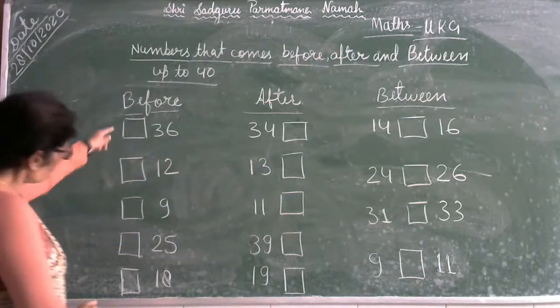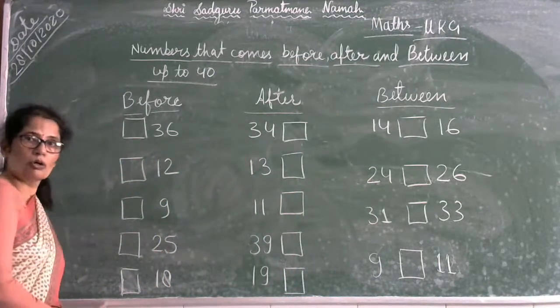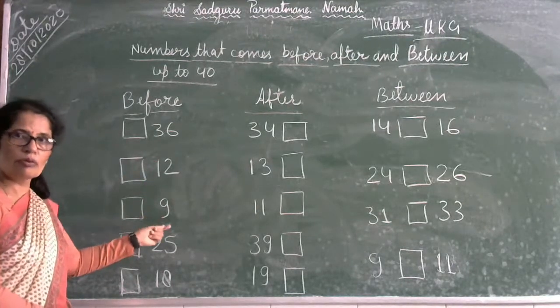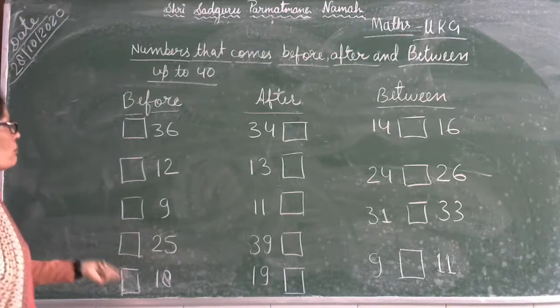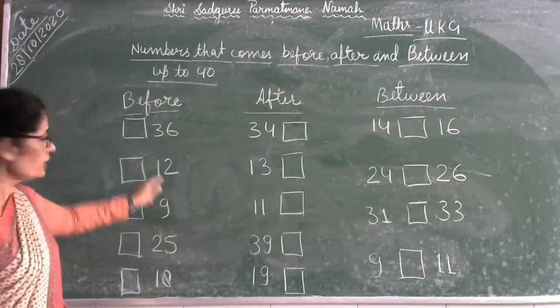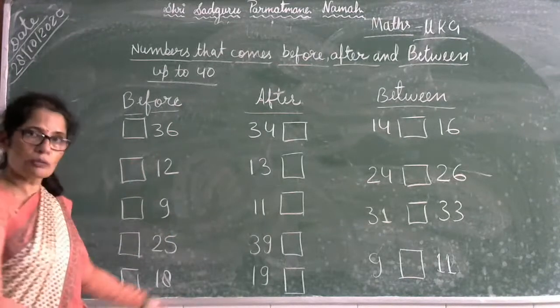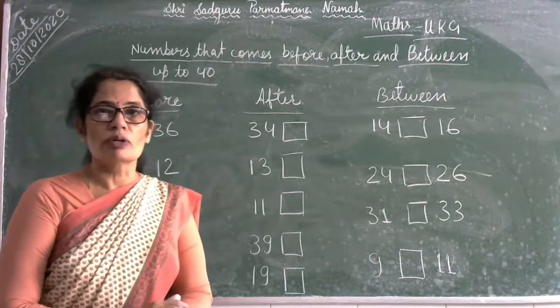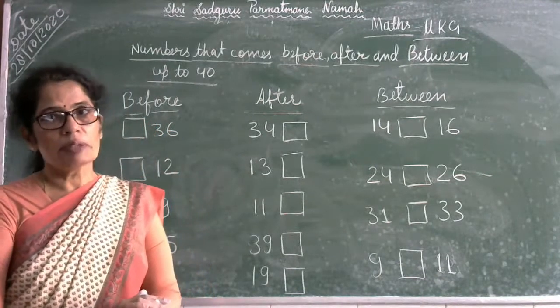So here we can see I made all the blanks before the numbers. So this time we have to remember and write the number that comes just before these numbers. For that we have to count backward. What do we have to do?